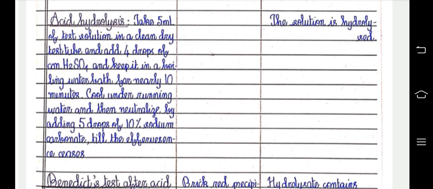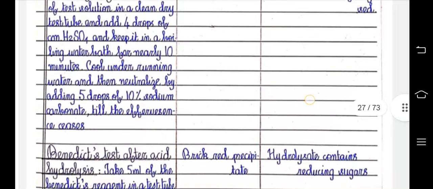Carbonate, don't confuse it with the reagent. We are performing hydrolysis of starch, so we will be adding concentrated H2SO4. Four drops of concentrated H2SO4 and a water bath for 10 minutes.